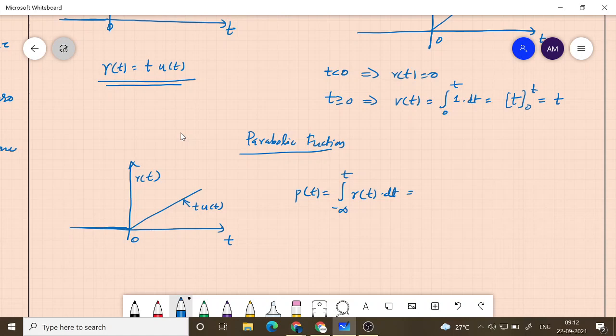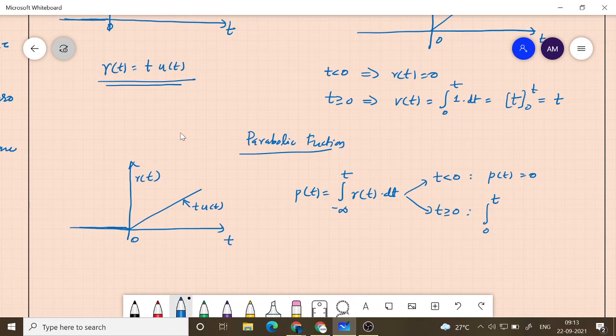Now r of t is 0 for t less than 0, so this integration will give you no result, it will be 0, so p of t is equal to 0. If t is greater than or equal to 0, we are integrating from 0 to t. R of t is what?